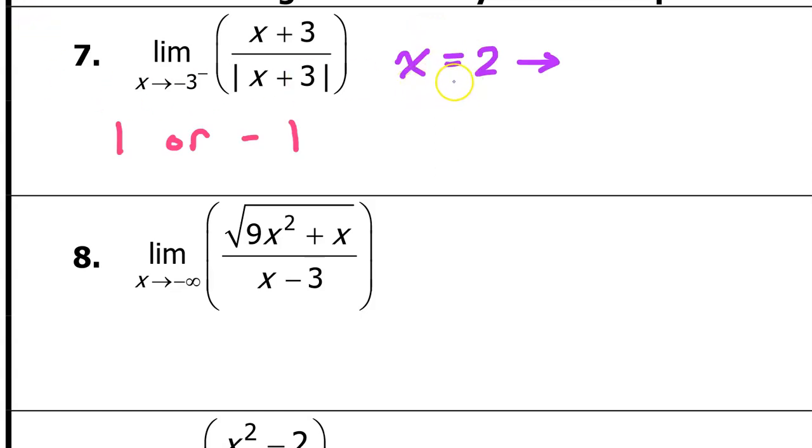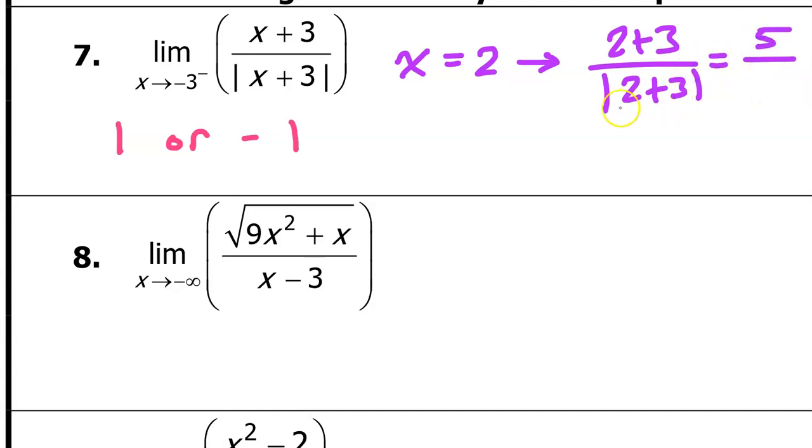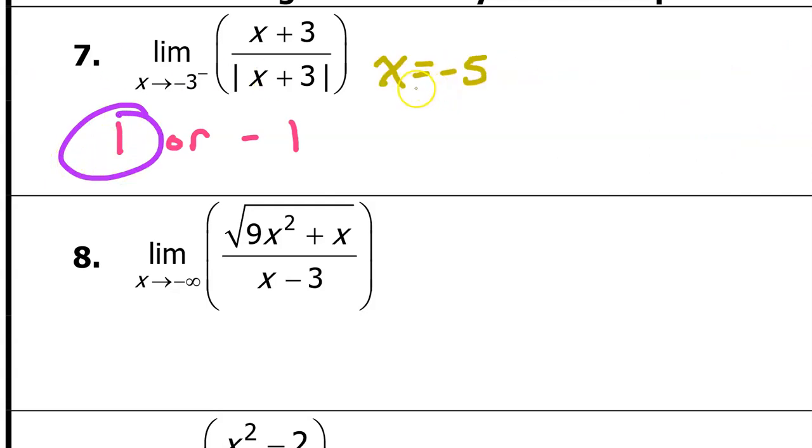For example, imagine that x equals 2. Then we would have 2 plus 3 over the absolute value of 2 plus 3. That's going to be 5 over the absolute value of 5, which is 5. And guess what? We get positive 1. Kabam! On the other hand, imagine that x equals negative 5.